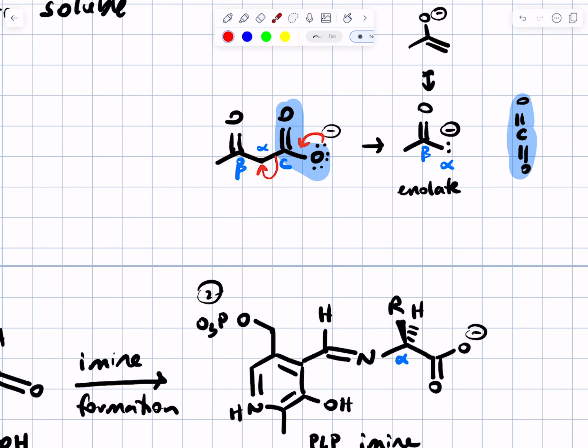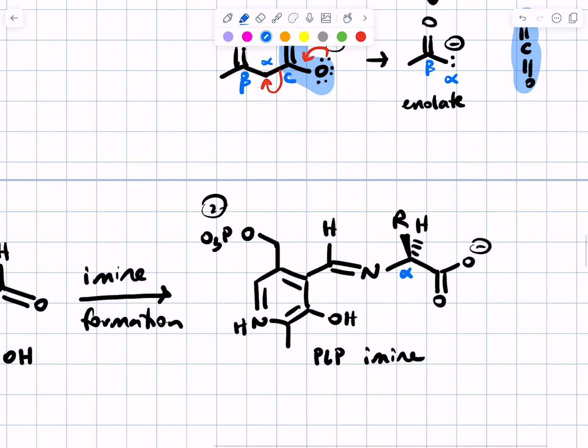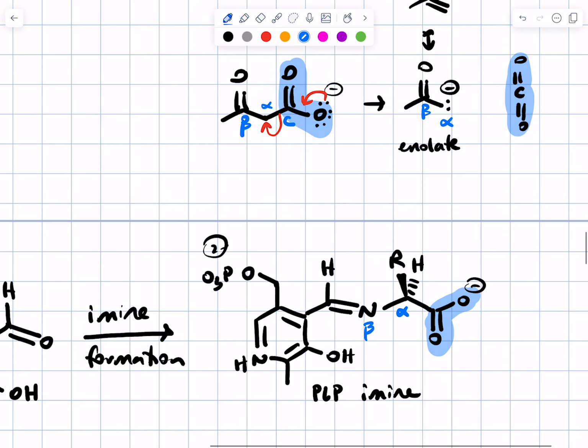Now take a look at the PLP imine. Here is our CO2 group. Here is the alpha carbon. Here is the beta position. Now it is not a carbon, but it is involved in a pi bond. Do you see that structural similarity?